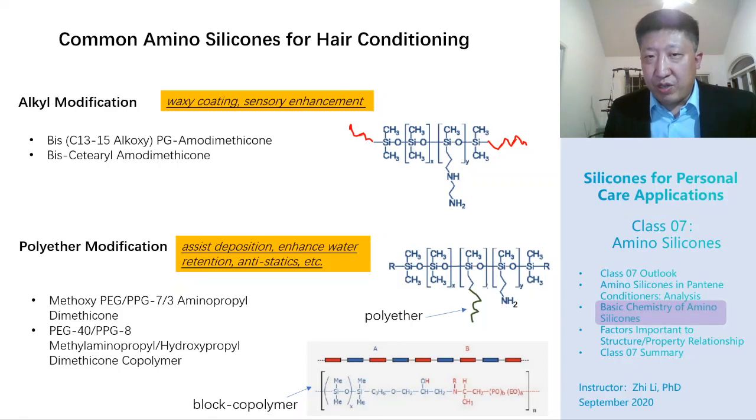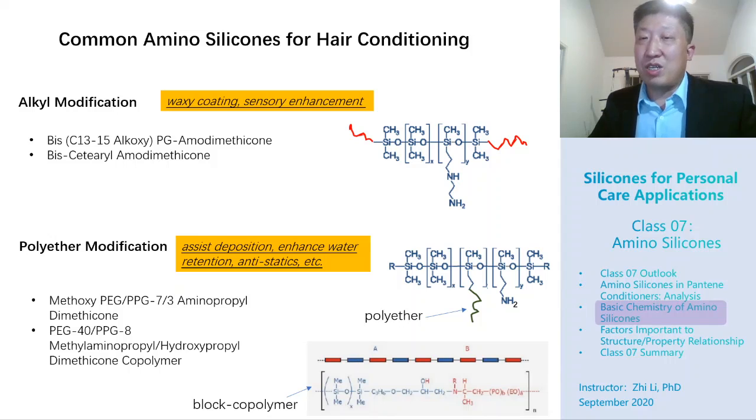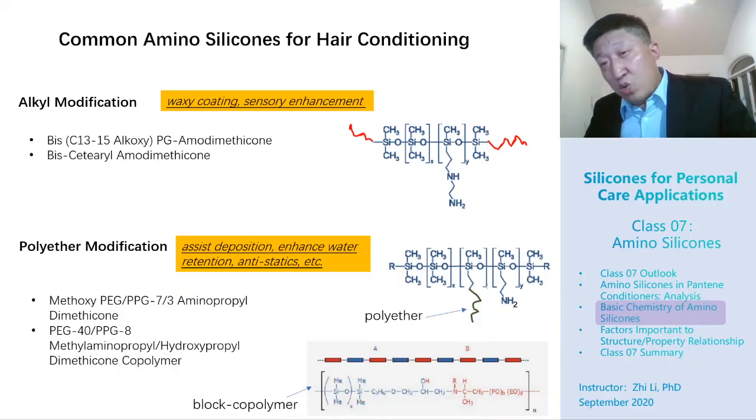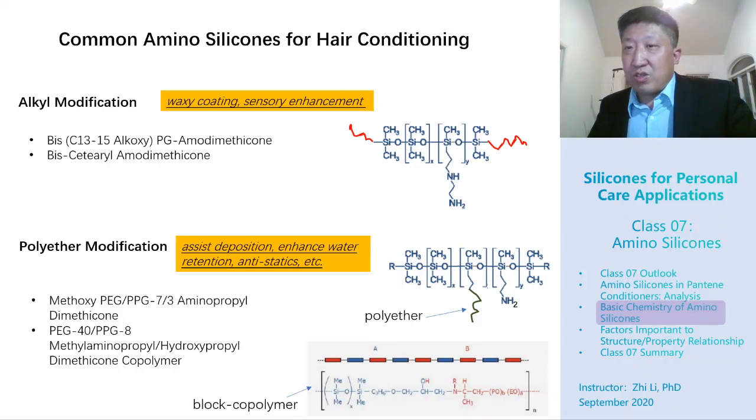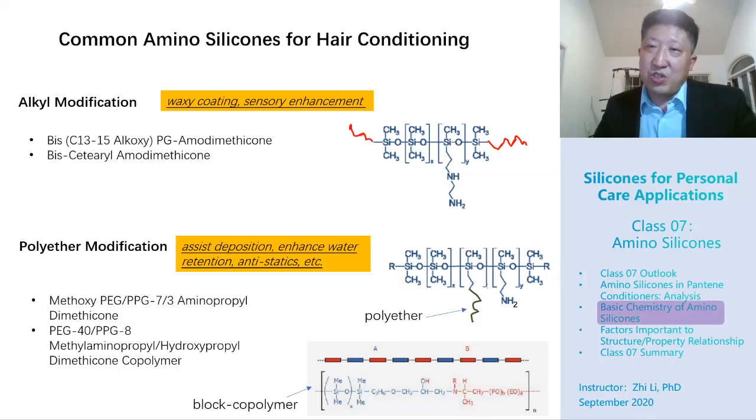But in my personal opinion, when you have a high amount of polyether modification, as some suppliers are doing, to the extent you make the polyether-modified aminosilicone even become water soluble or soluble in polar solvent like glycerin, you kind of lose what you want from the silicone. You get too much non-silicone component.